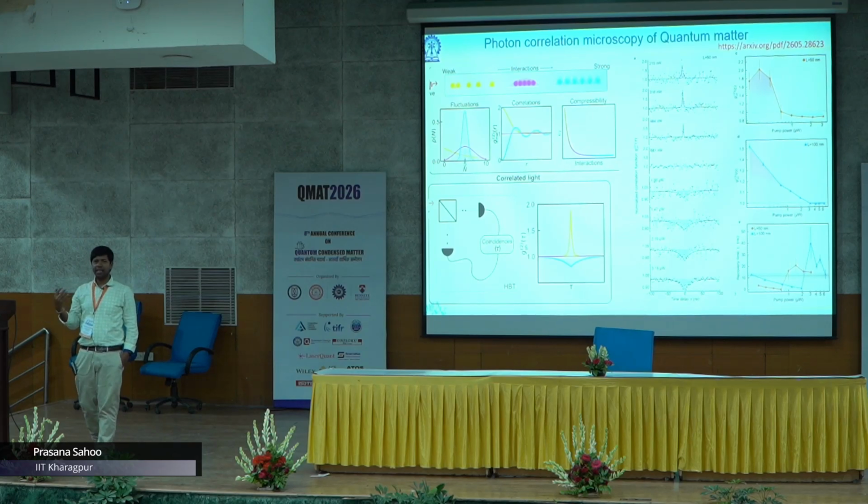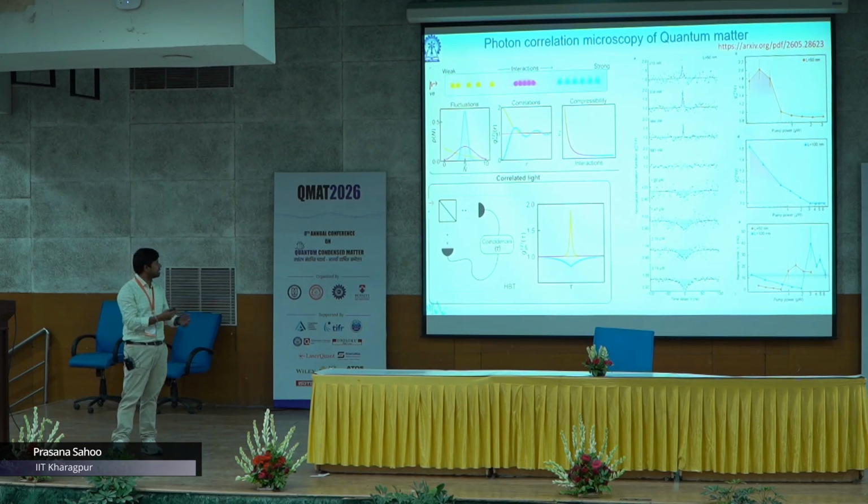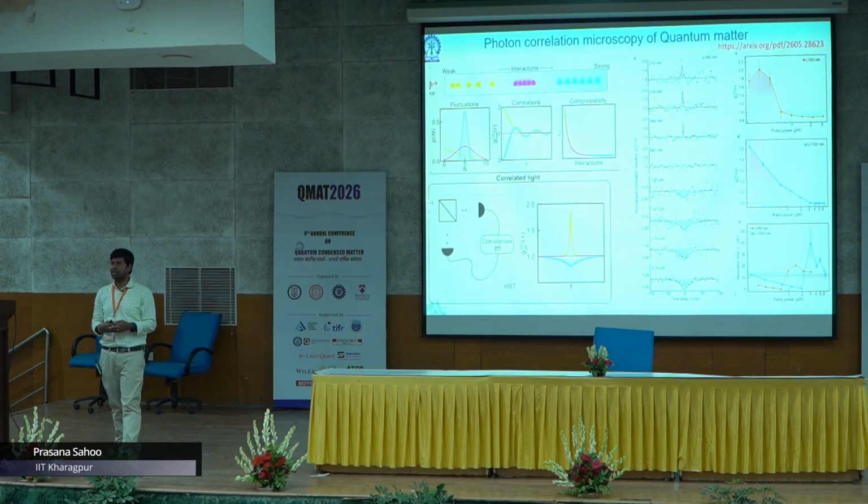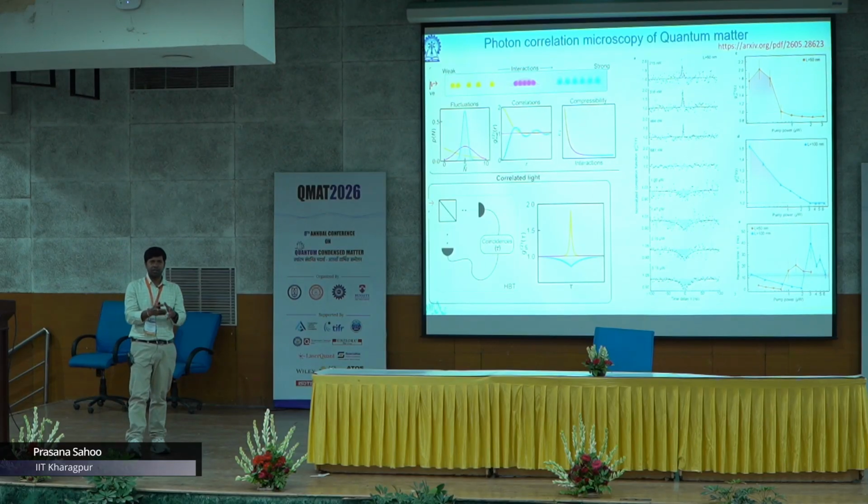So again, we are trying to understand it, more things are going on. That is why this kind of situation is occurring here, unless there is a strongly correlated regime occurring in that confinement potential. So because of this, further things are going on.